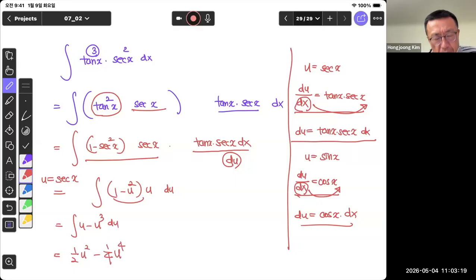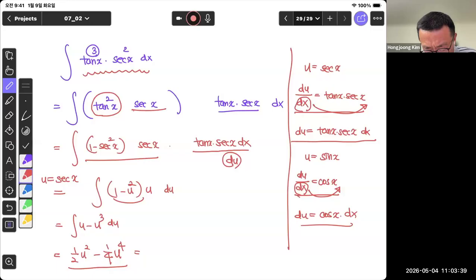And as I said, this is not the final answer because currently I have some expression in u, while the original problem is asking for an antiderivative of some function of x.